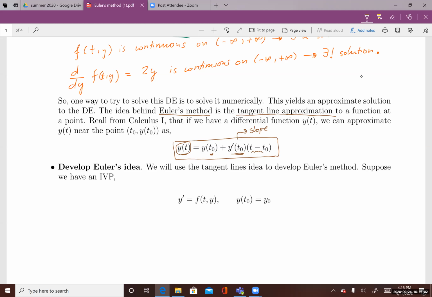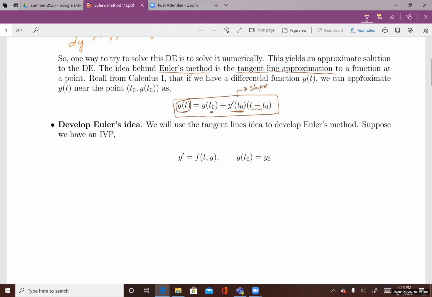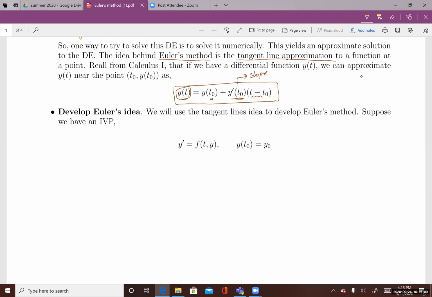All right. Now we can try to develop Euler's idea. Let's say we have a generic differential equation y prime equals a function f in terms of t and y. F is a function of t and y, and f of t and y is the derivative of y. And we are given an initial value: the value of y when t equals t0 is y0.